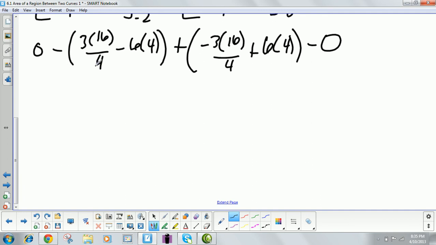So when you simplify here, that'll turn into a 4, that'll turn into a 1, so you can see that you have 12 there. Same thing here, that's a 4, that's a 1. So you would end up with this negative on the outside, so then you would end up with 12 minus 24. Then you would have plus, and on the other side, negative 12 plus 24.